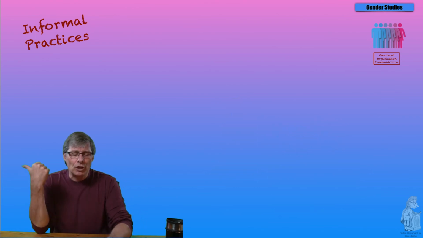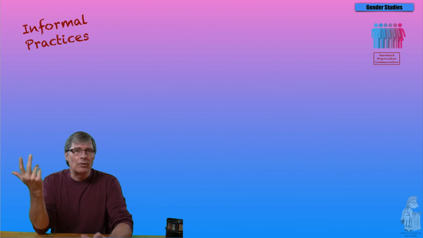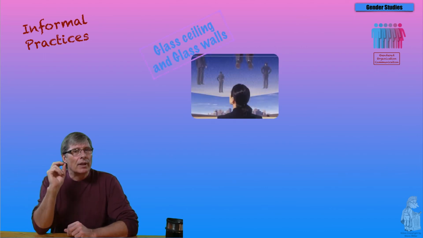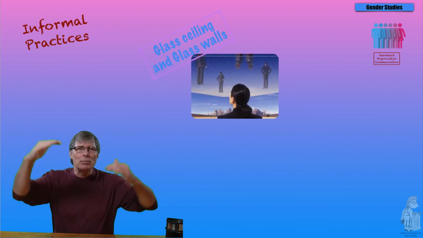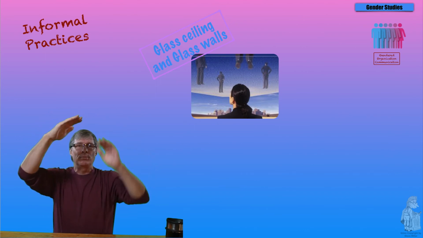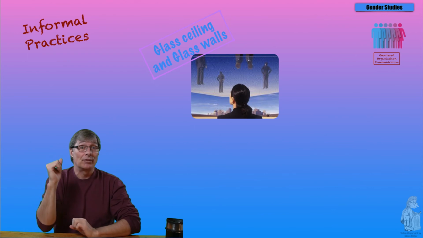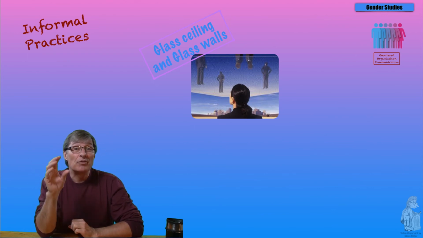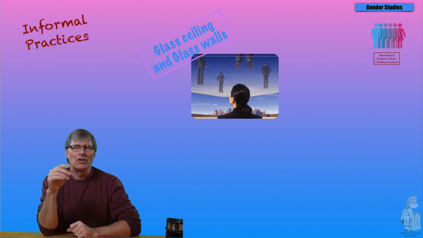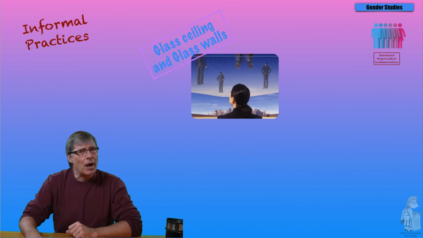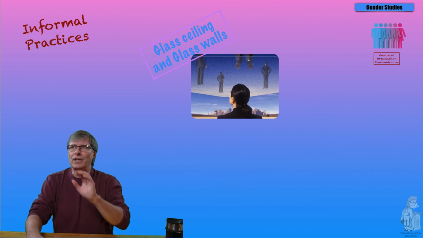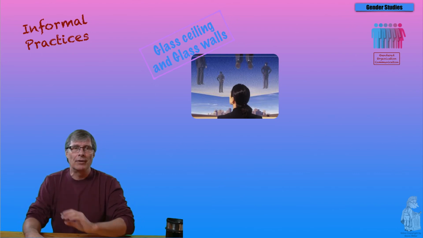Now, there's a couple of terms you may have heard before. One is the glass ceiling and the other is the glass walls. The glass ceiling is the invisible barrier that limits advancements for women. They can't get up because there's a glass ceiling that stops them. It most often results from subtle discrimination. It's not written in our formal policies, but it seems women don't get promoted as frequently as men.